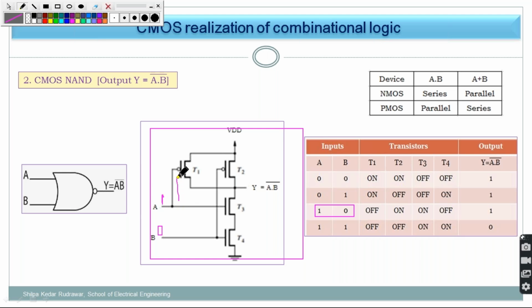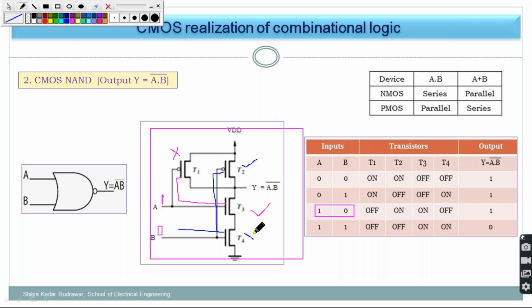So this 1 is applied to this and this transistor. As 1 is applied, this PMOS transistor will be off, and this transistor will be on. Same way, if 0 is applied, this 0 is applied to this transistor as well as this transistor. As 0 is applied to PMOS, PMOS turns on with 0, that's why this will be on.